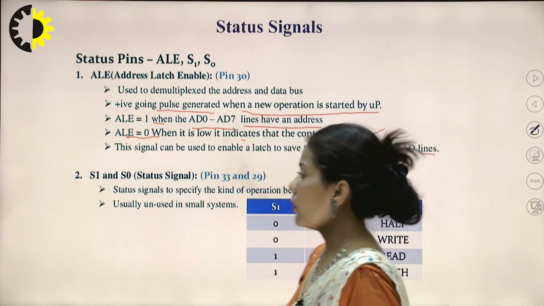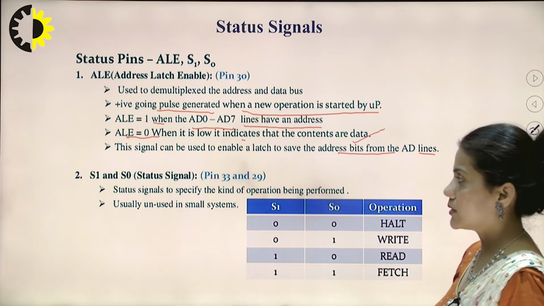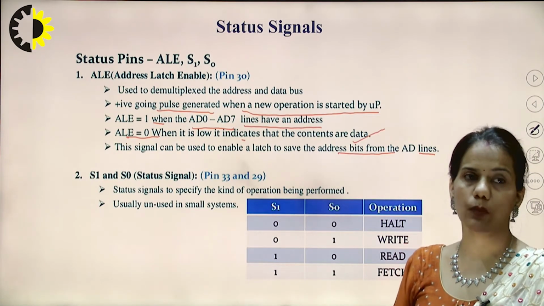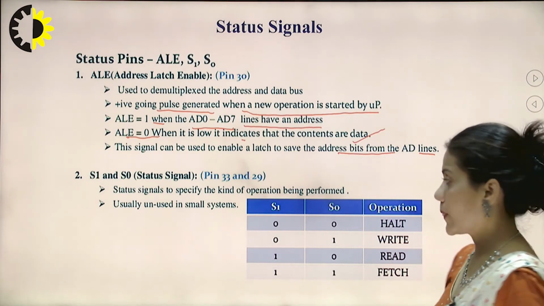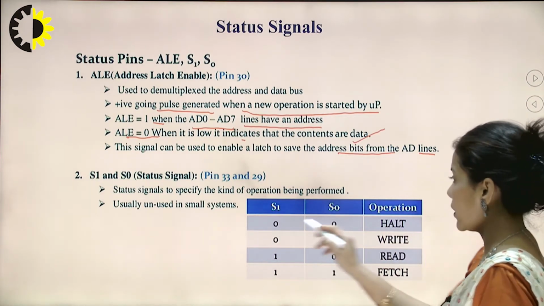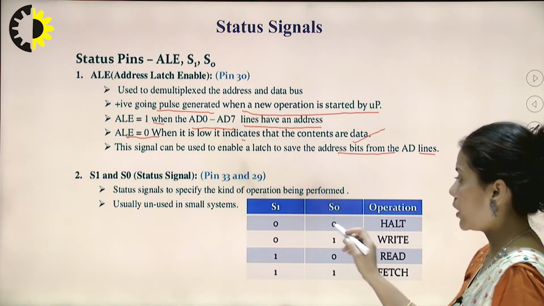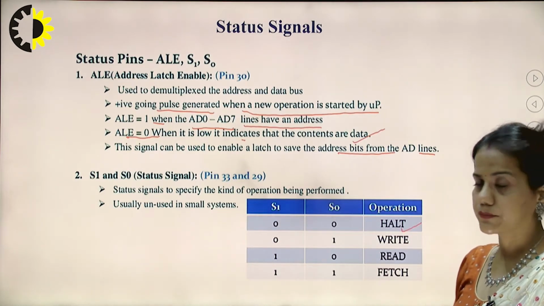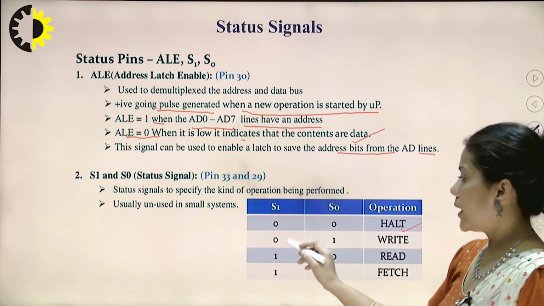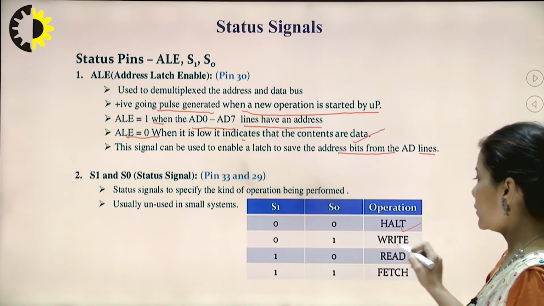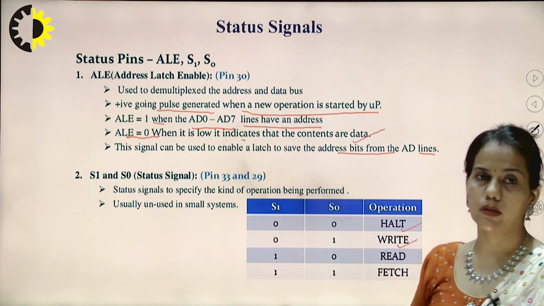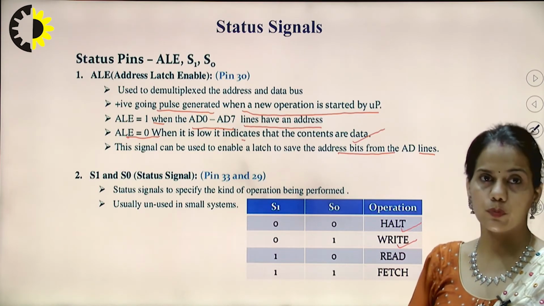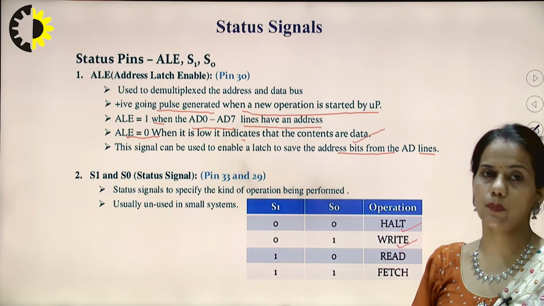Now we come to S0 and S1. These are two status signals which specify the kind of operation that is going on in the microprocessor. If S0 and S1 are both 0, 0, then the operation going on in the system is halt. If S1 is 0 and S0 is 1, then a write operation is being performed, and this write operation can be with the peripheral, that is the input output ports, or it can be with the memory.